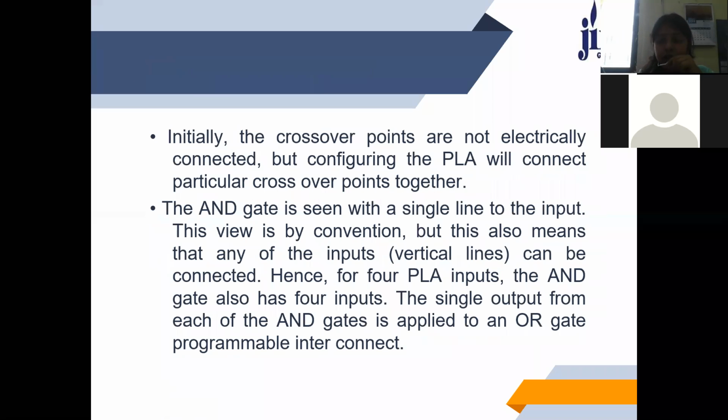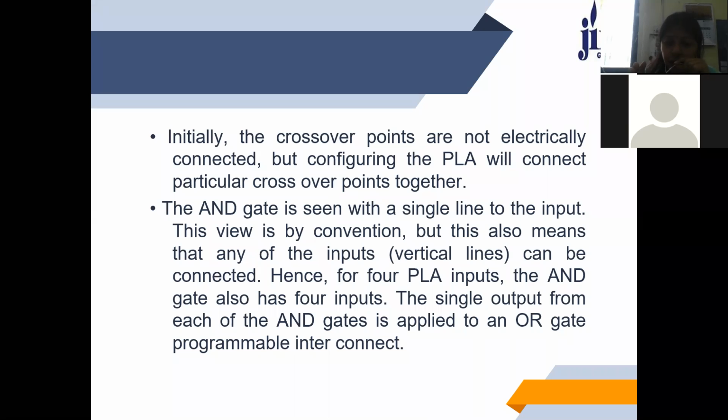Initially the crossover points are not electrically connected, but whenever we configure the PLA, these crossover points will connect together. So an AND gate is seen with a single line to the input, but it does not mean that vertical lines cannot be connected. It means that whenever we put a cross mark, it is showing connected. Without that cross mark, the connections are disconnected.